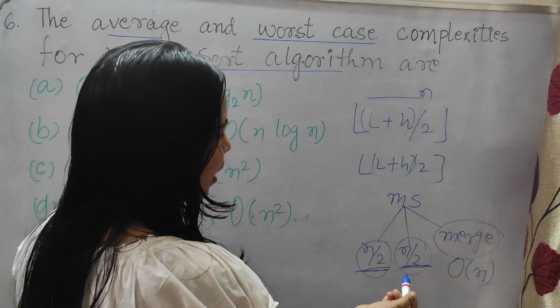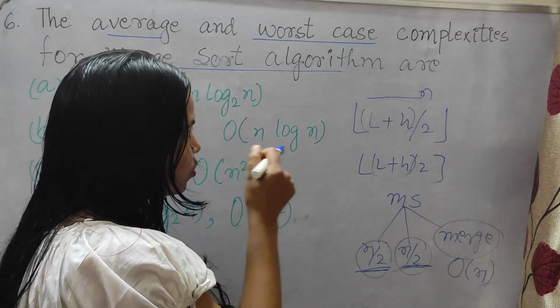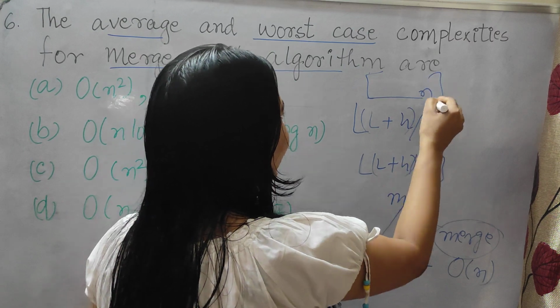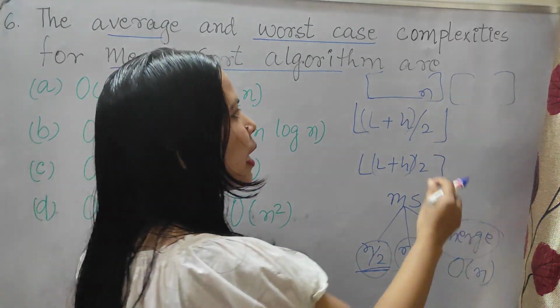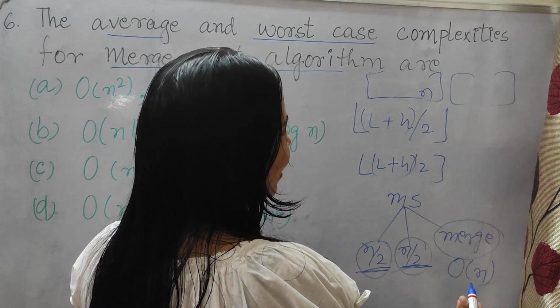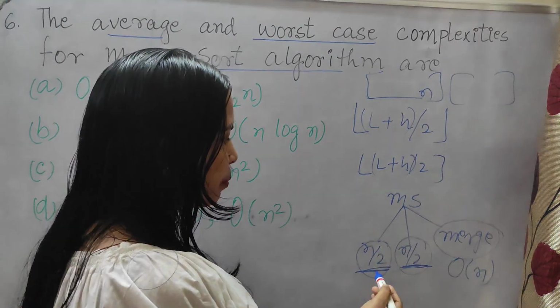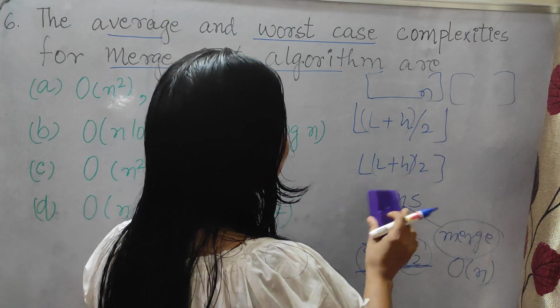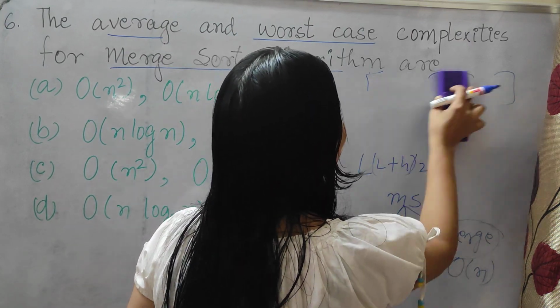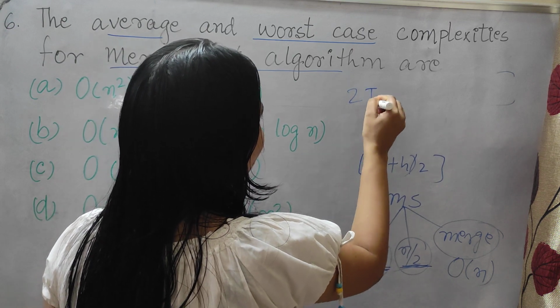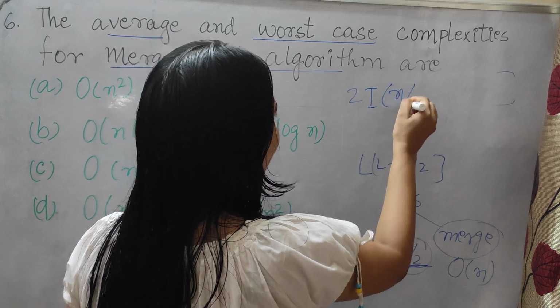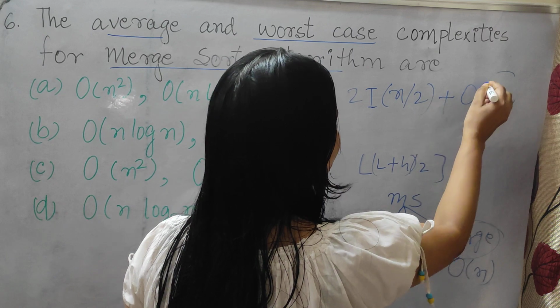In the merge sort algorithm, 2 sorted arrays are given. The first part is divided by n by 2, the second part is also divided, and afterwards we merge them after sorting. So the time complexity is 2T(n by 2) plus order of n.